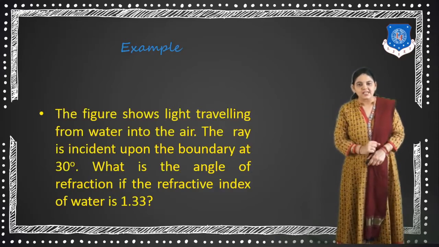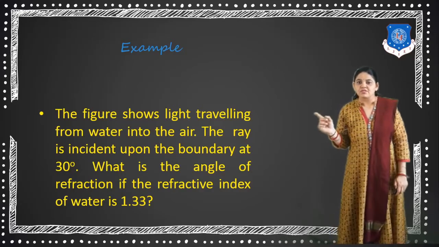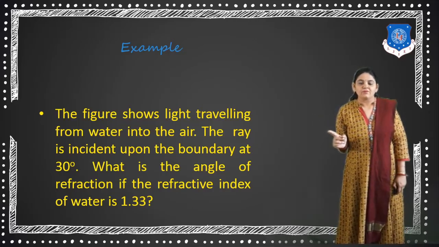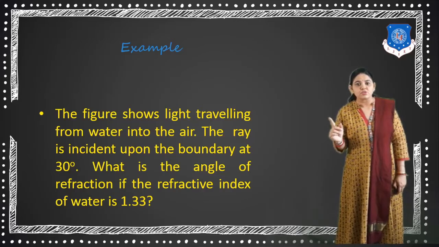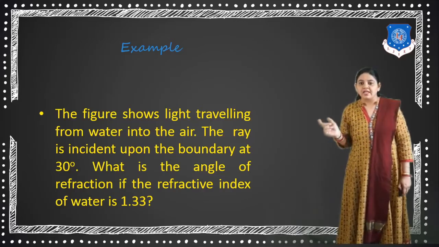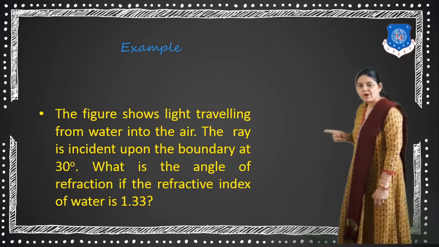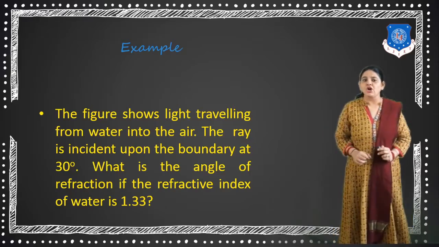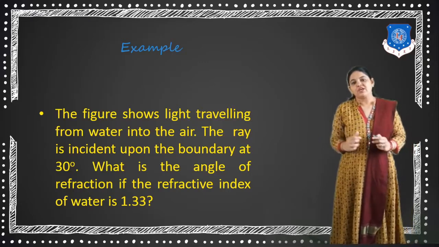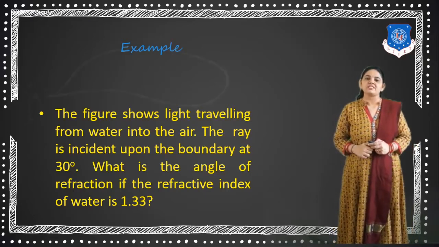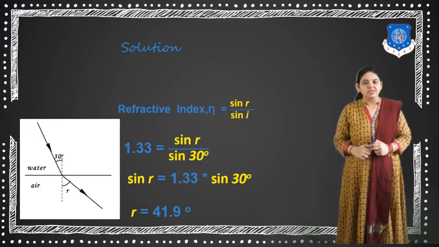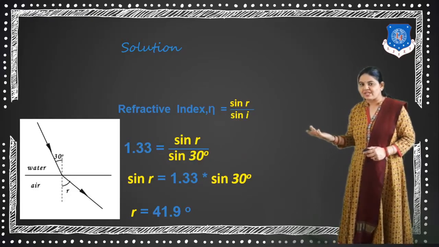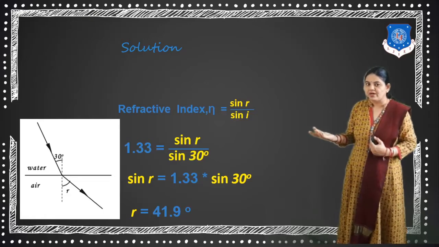So now let us solve an example. The figure shows light traveling from water to air. Water to air means higher density to lower density. The ray is incident upon the boundary at 30 degrees. What is the angle of refraction if the refractive index of water is 1.33? What is the equation of the refractive index when going from higher to lower?